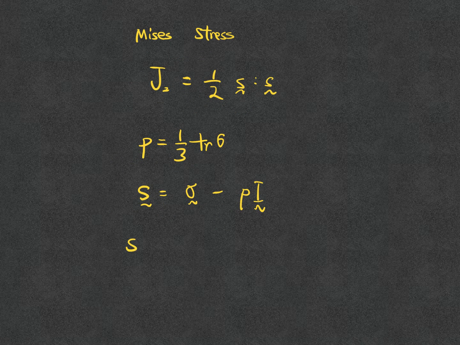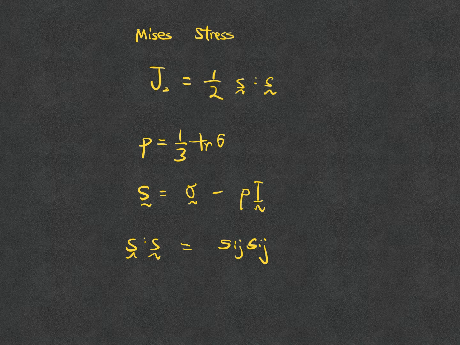Now, S double dot S is actually referring to simply having the components times each other: S11 times S11 plus S12 times S12 plus S13 times S13 all the way to S33. And in the Einstein notation, it is written as Sij Sij.